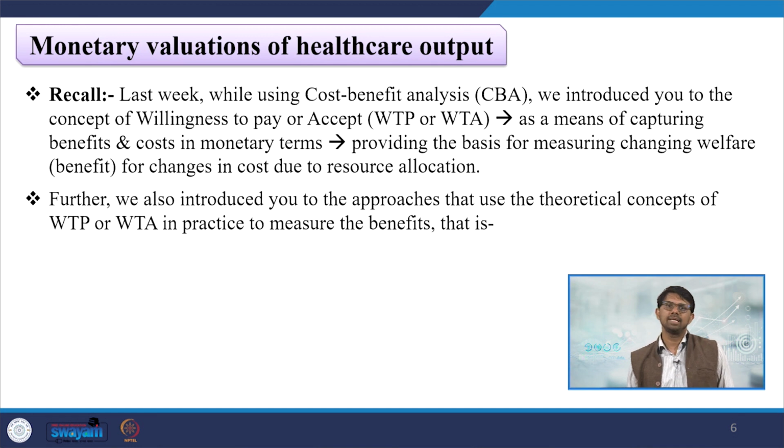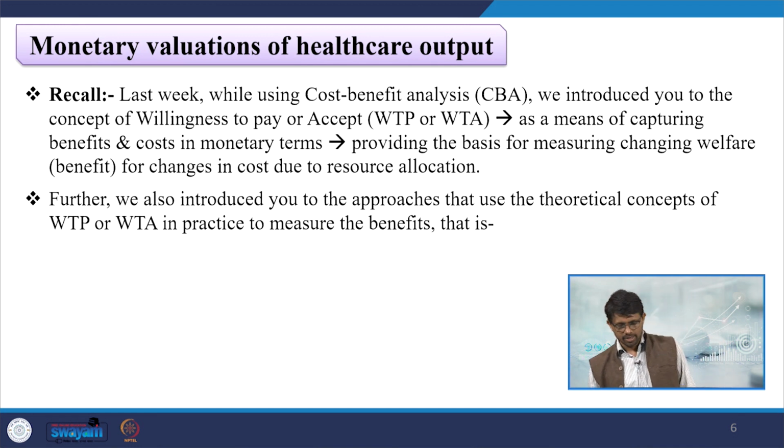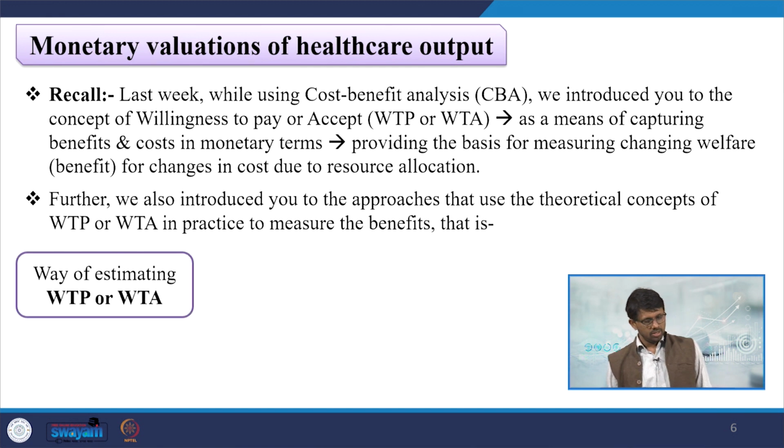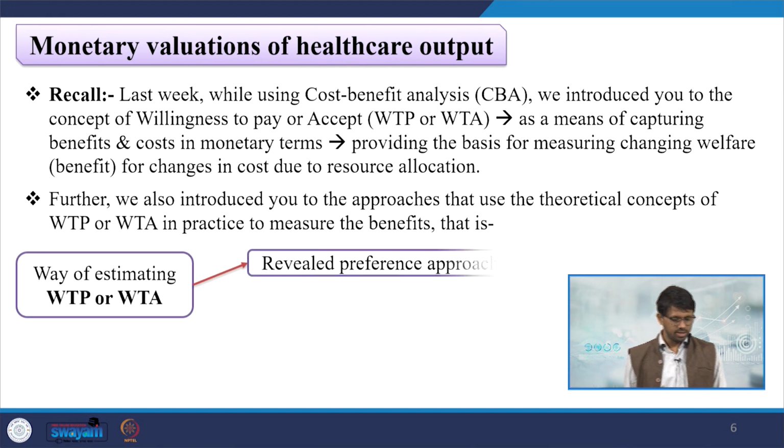This provides the basis for measuring changes in welfare or benefit for changes in cost due to resource allocation. Further, we also introduced you to the approaches that use the theoretical concept of WTP, willingness to pay or accept, in practice to measure their benefit. So, the method is WTP.